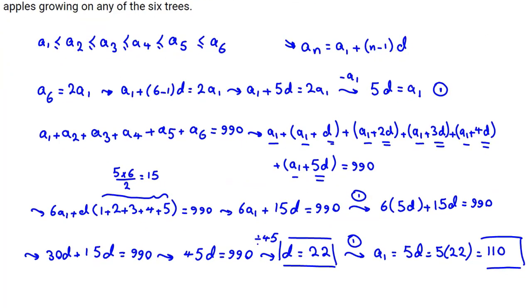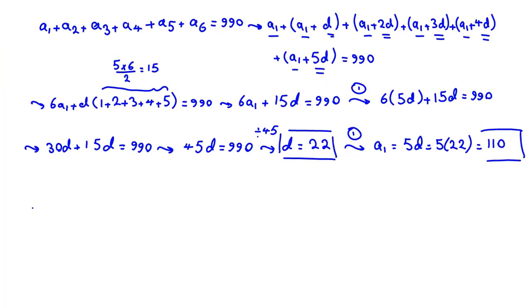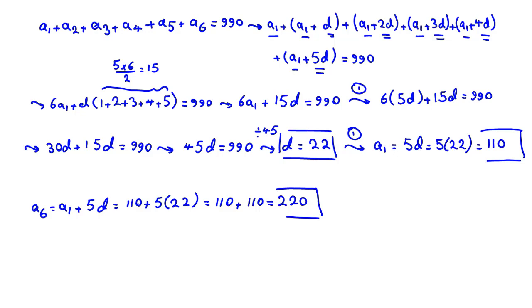Using the basic formula, a6 equals a1 plus 5d. If we replace a1 with 110 and d with 22, we get 110 plus 5 times 22, equal to 110 plus 110, which equals 220. So the answer to this problem is 220.